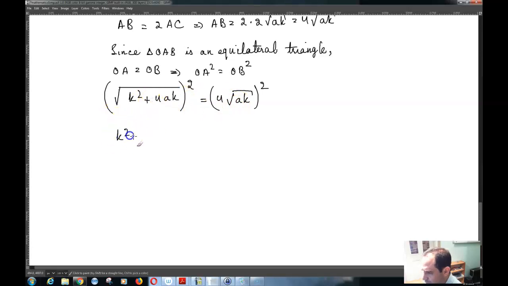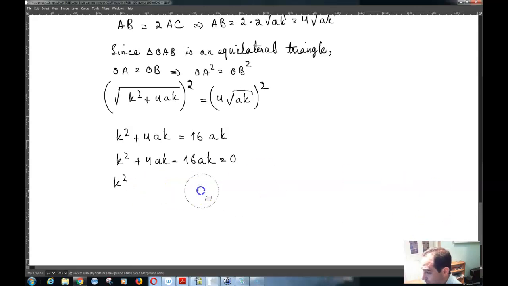I will get k squared plus 4ak is equal to 16 times ak, which means k squared plus 4ak minus 16 times ak is equal to 0, or k squared minus 12 times ak is equal to 0, or k squared is equal to 12 times ak.